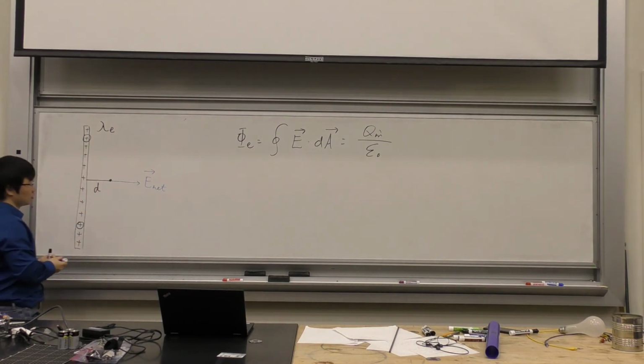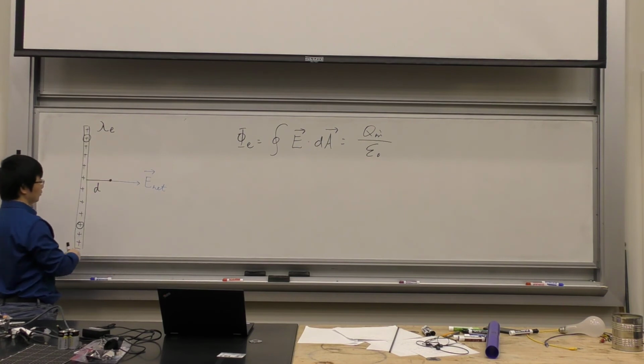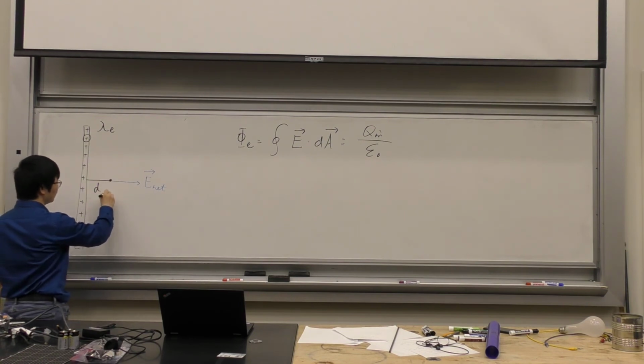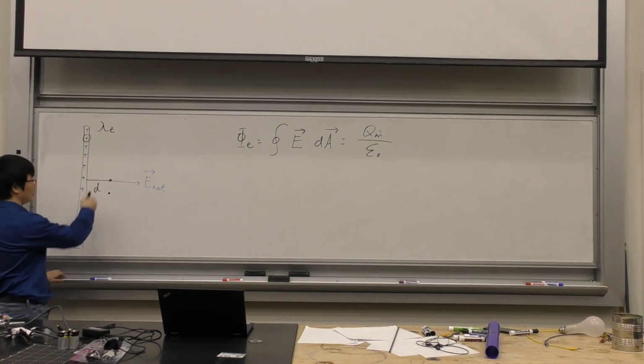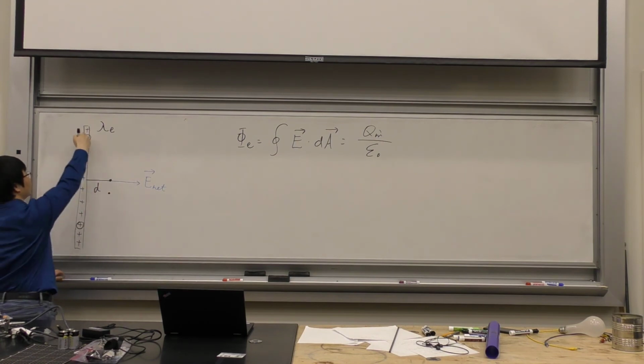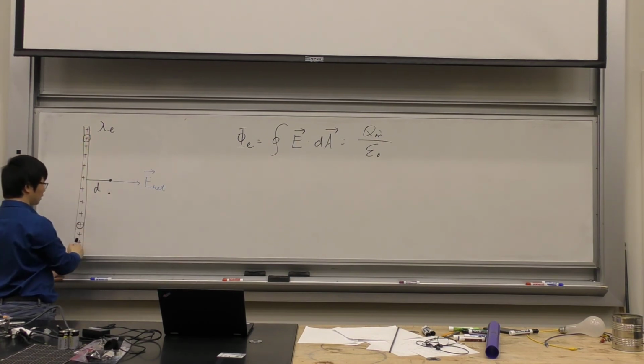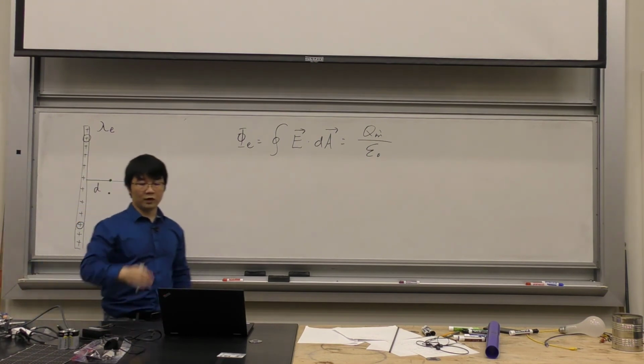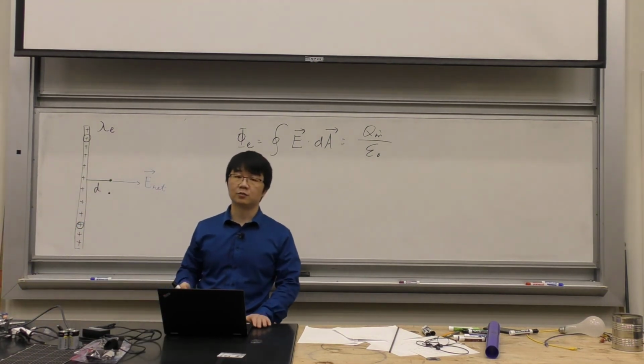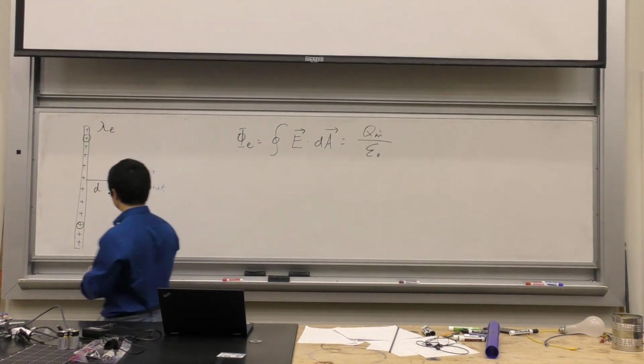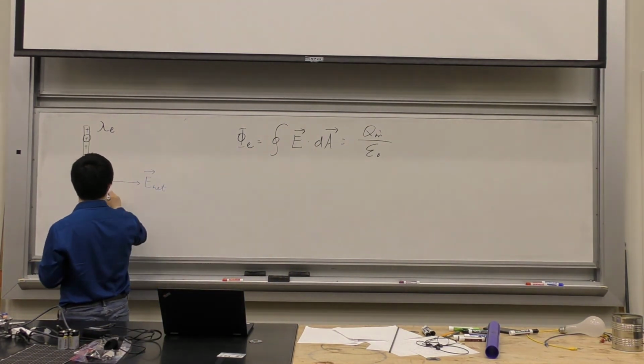And because we assume this is a very, very long rod, even if you pick a point here, you can always find a pair from the top and the bottom and pair them up. So the y components cancel, the x components add, and it's still going to be in that direction.